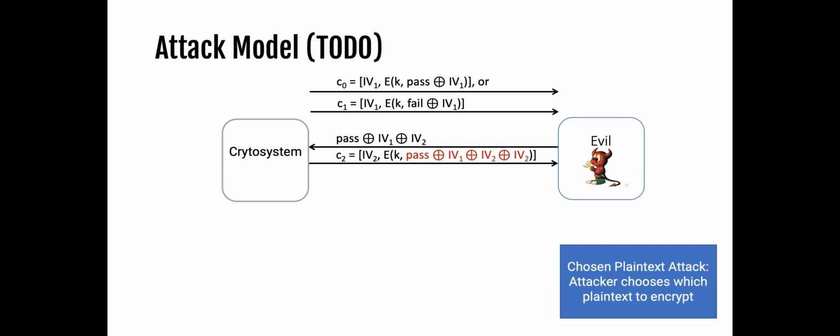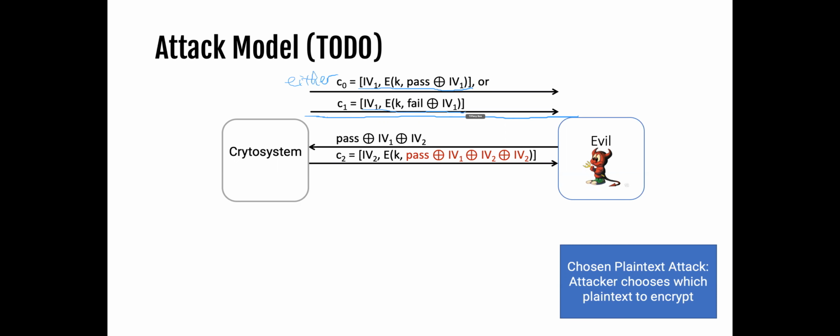Okay, so here is the way that we're going to do it for Eve. First of all, these are the conditions that we already have. We know that the crypto system sends either C0, which is equal to this, or C1, which is equal to this.